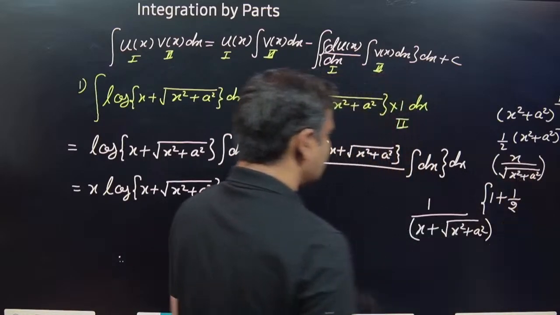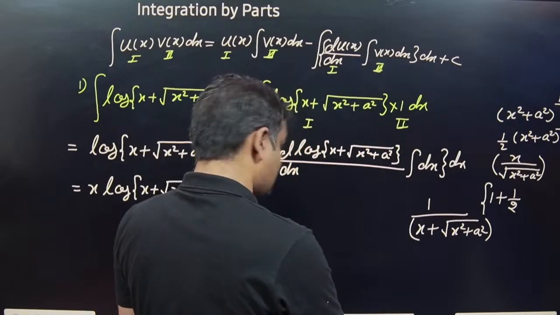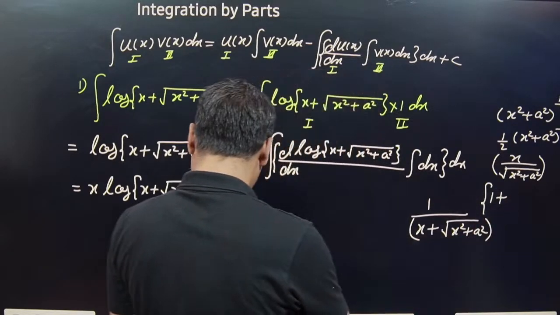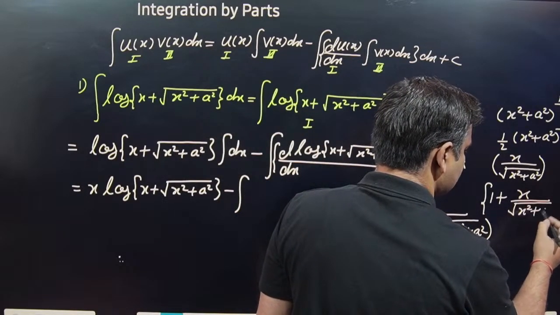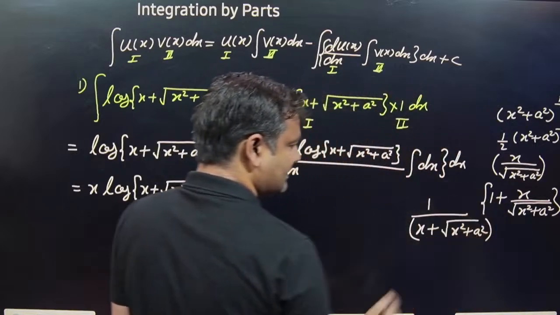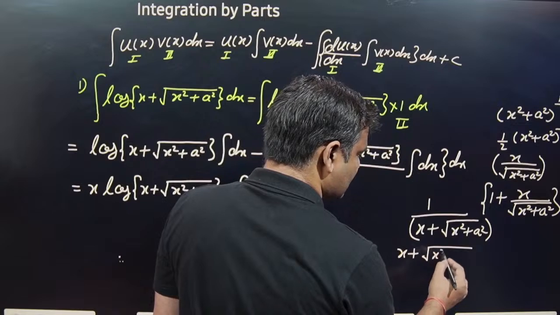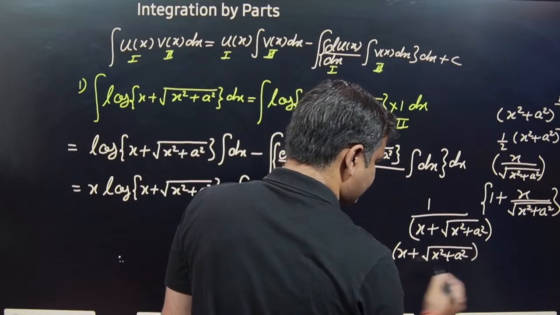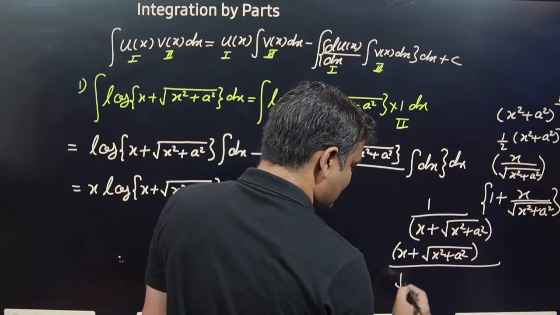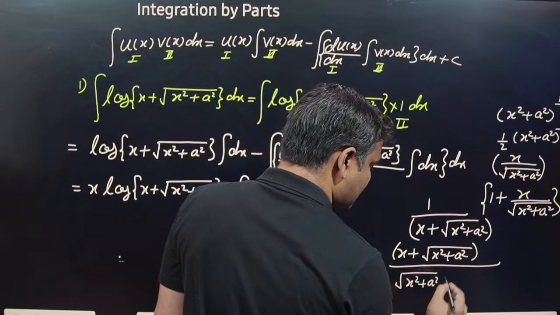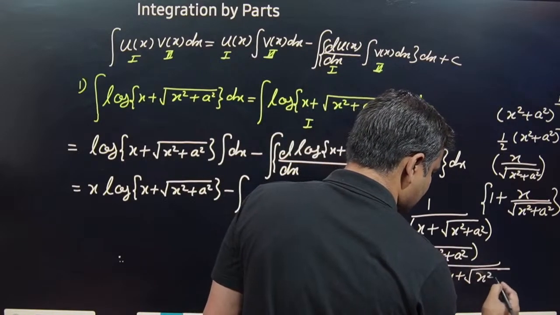Clear? So the differentiation of that is x upon under root x square plus a square in simplified form. After taking LCM, we get x plus under root x square plus a square whole divided by under root x square plus a square into x plus under root x square plus a square.